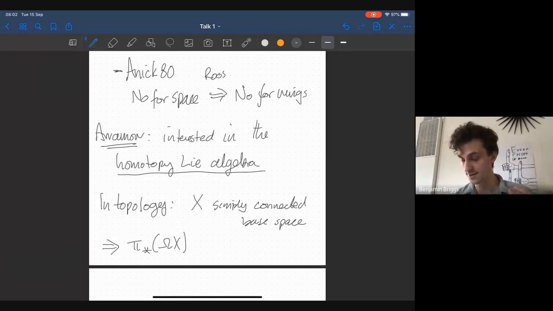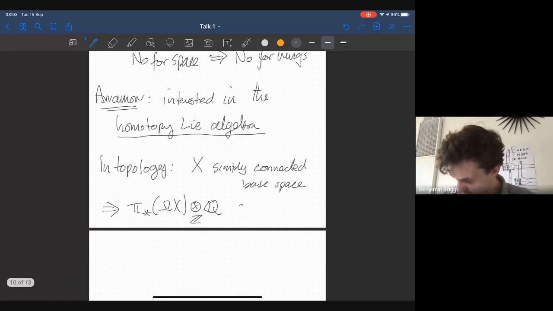And it's essentially impossible to understand that. Even for a very simple space, it's incredibly complicated to work out what this is. So the idea of rational homotopy theory is that you take this Lie algebra over the integers and you just tensor with the rationals. Then it becomes a lot simpler because all the torsion goes away. And somehow this procedure of tensoring with the rationals introduces new algebraic tools which can be used to understand these very concretely, and those algebraic tools turn out to apply in local commutative algebra as well.